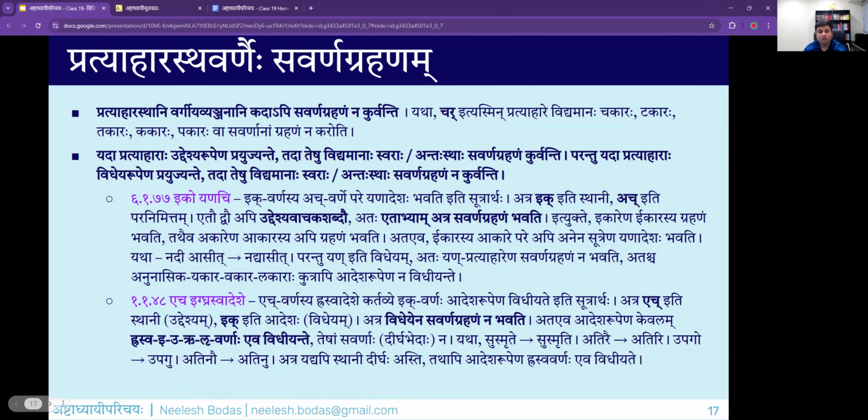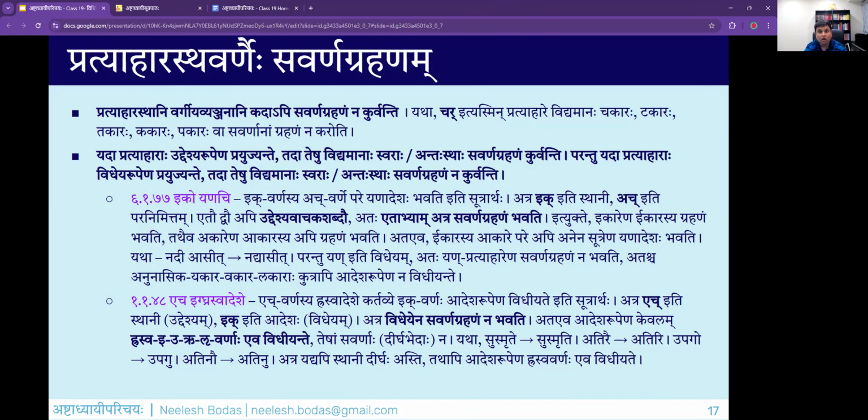So in this particular way, in today's class, we covered a whole bunch of stuff. We learned how to unfold a sutram. We learned how to place anuvrittis, adhikaras, and so on. How to do ekavakyata. After the ekavakyata is done, how to find uddesha and vidheya. How is the purva nimitta represented? How is the sthani represented? How is the paranimitta represented? How is the vidheyam, adesha, and so on represented?